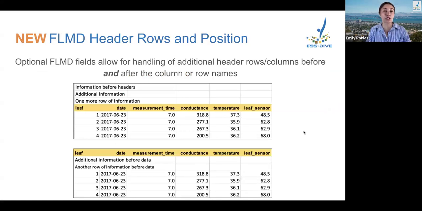I want to first jump into the header rows and position variables, since these are new optional variables that you can use to describe singular data files in the file level metadata. This came out of community feedback and confusion about what to do if there are header rows either before the variable names or after the variable names, but before the data begins.